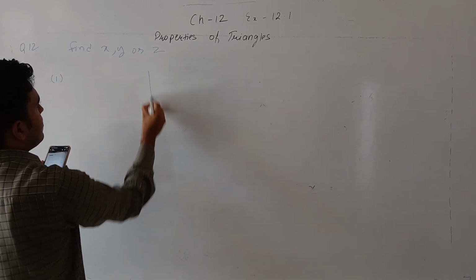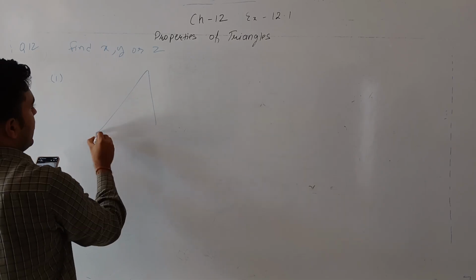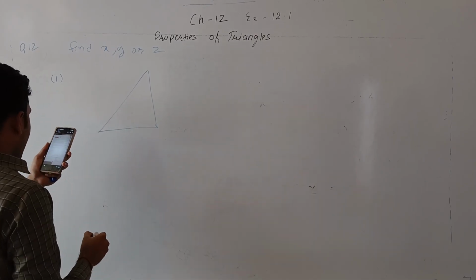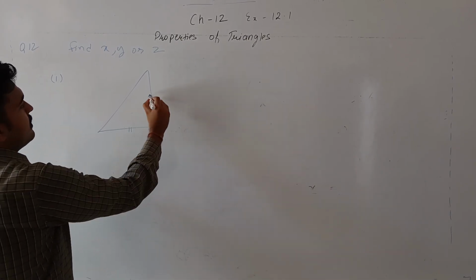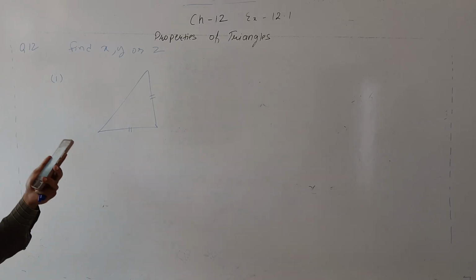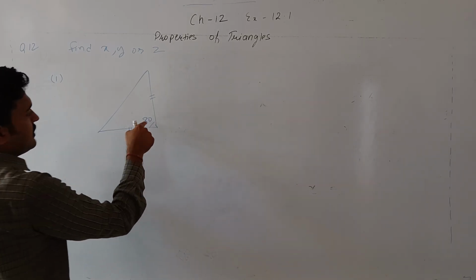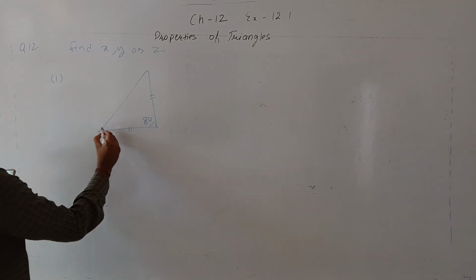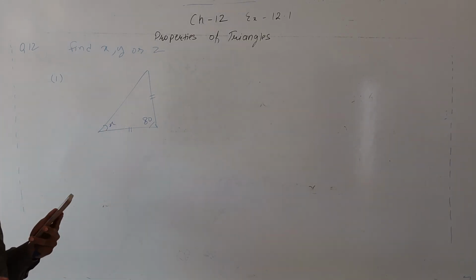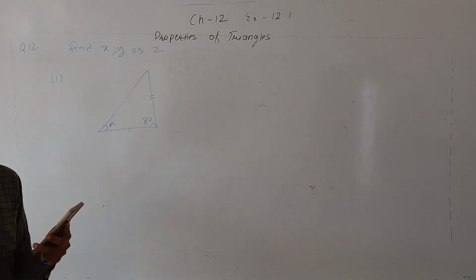So a triangle is given and these two sides are equal. This angle is given as 80, and we have to find angle x.